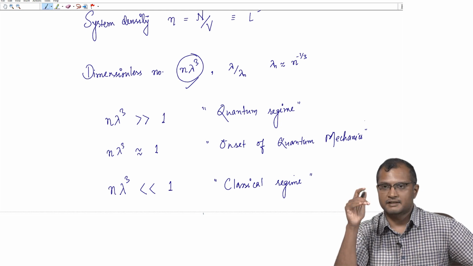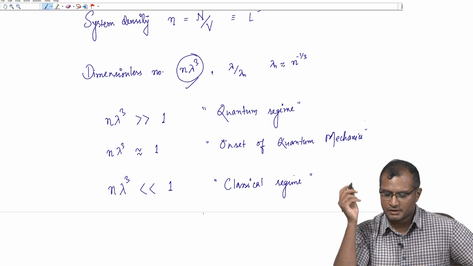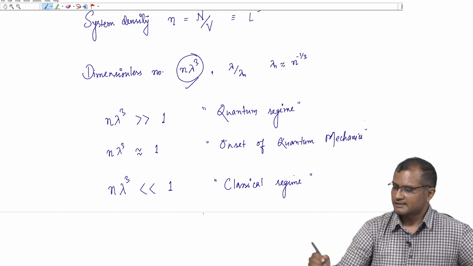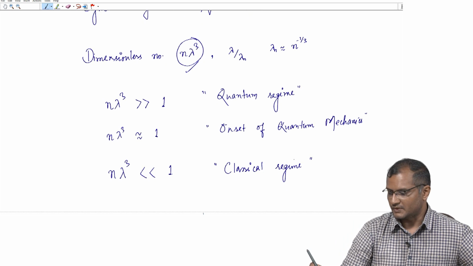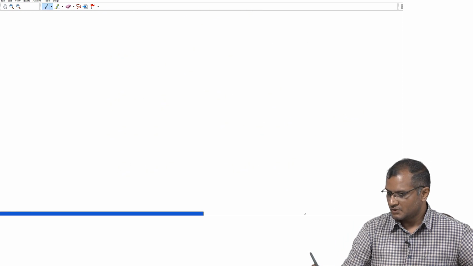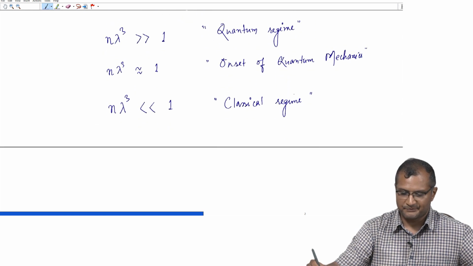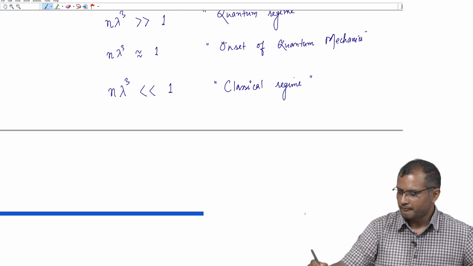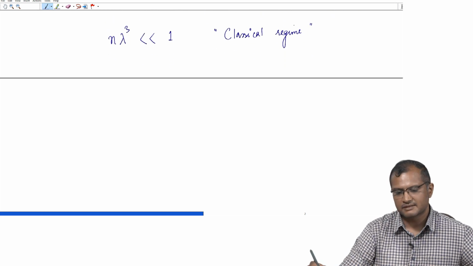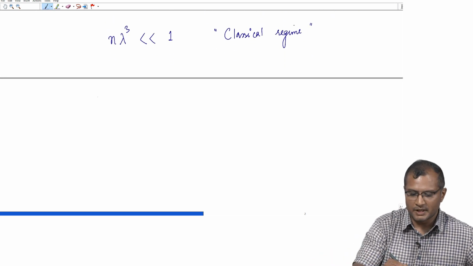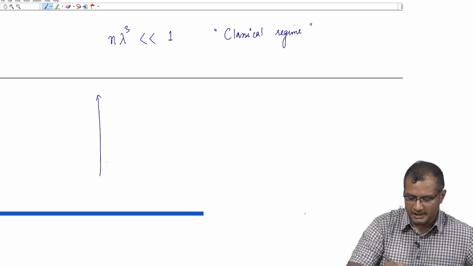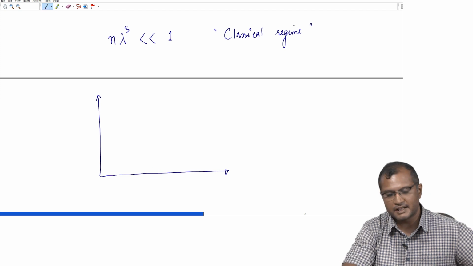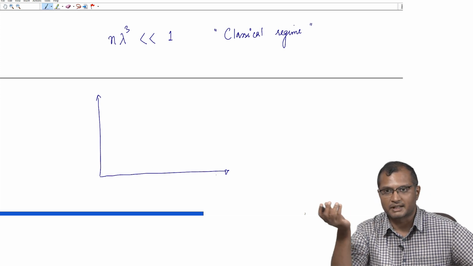And when this dimensionless number is of the order 1, you know that you have to be careful, because this is the regime where quantum mechanics begins to show its presence. So, then you can construct some sort of a parameter space diagram, where at least figuratively you can say whether quantum mechanics or classical mechanics applies.